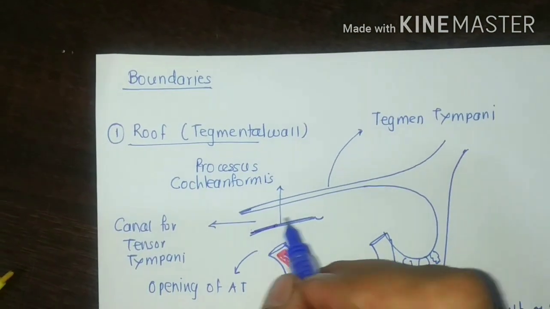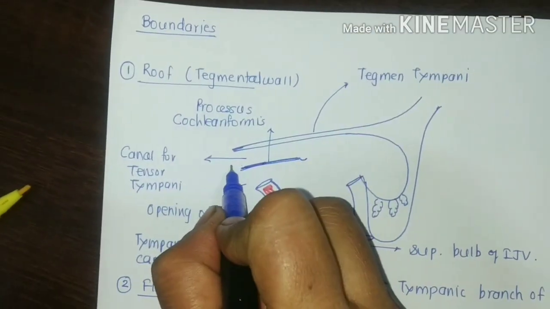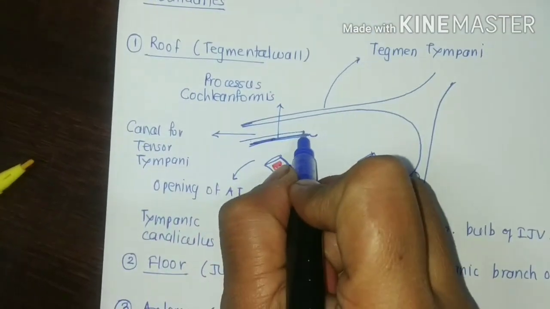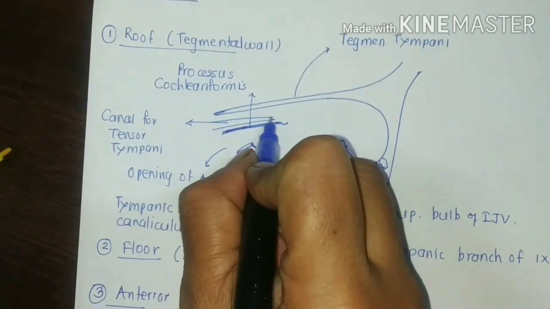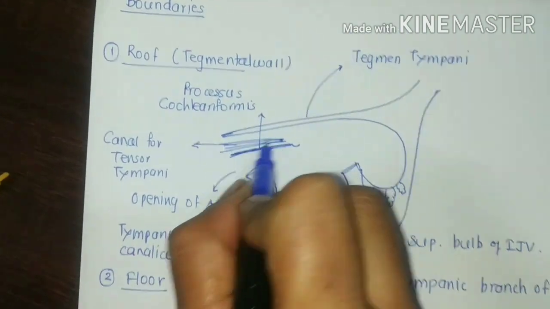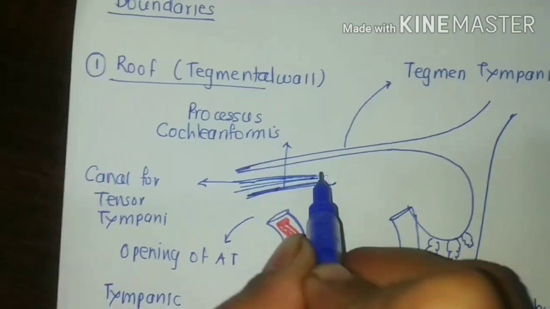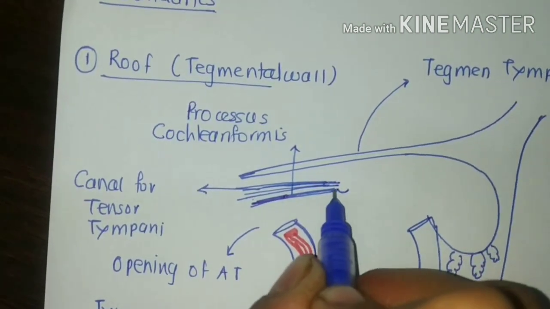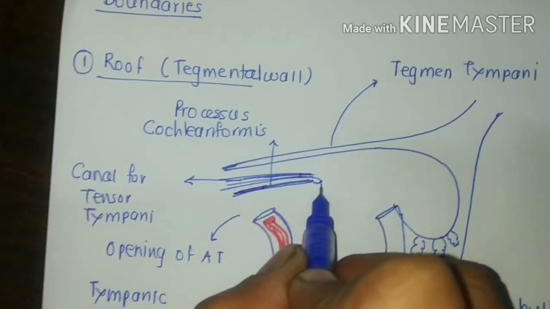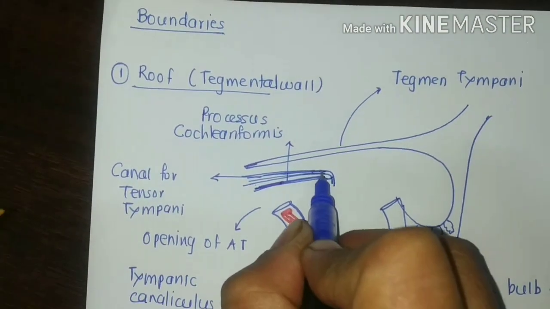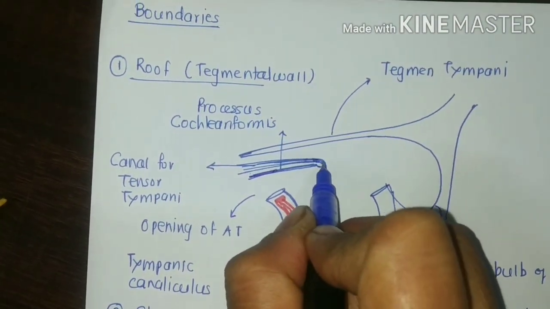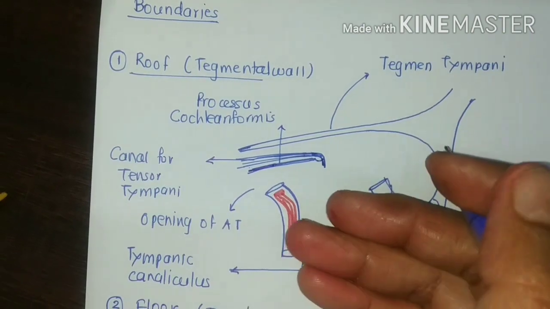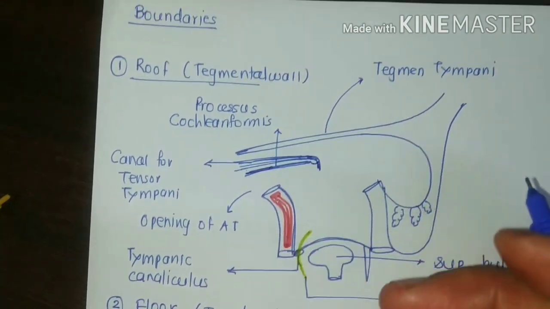The tensor tympani muscle passes through this canal, and then it takes this as a pulley and turns laterally at about 90 degrees to reach the handle of the malleus.